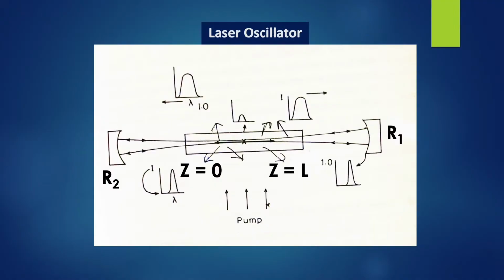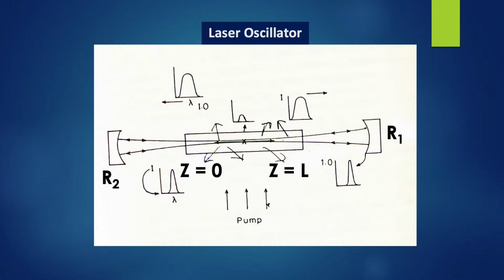Now, let us go back to the same resonator, the laser oscillator. Let me quickly repeat. There is a small rectangular chamber where you have some gas, liquid or solid. Then there is a pump which supplies energy, mostly optical or electrical.